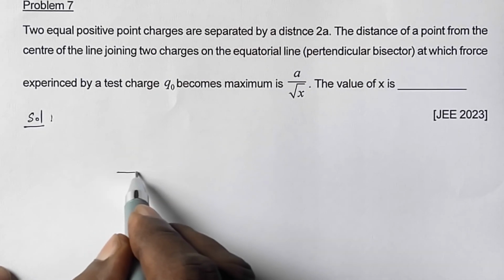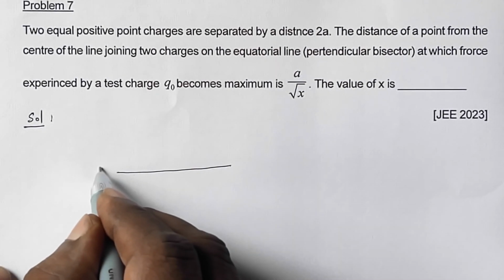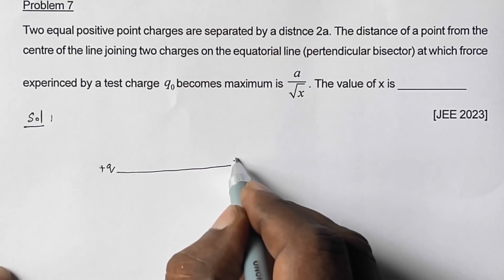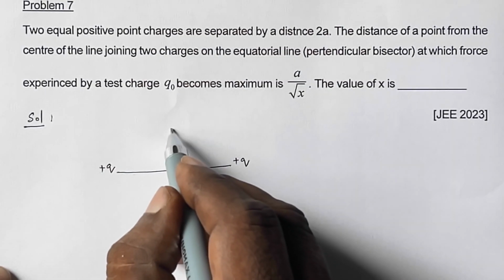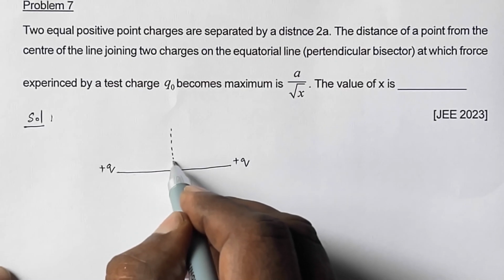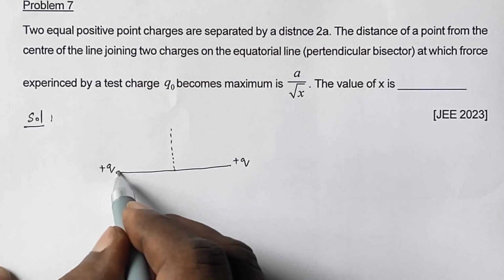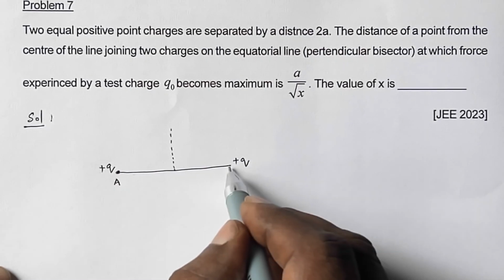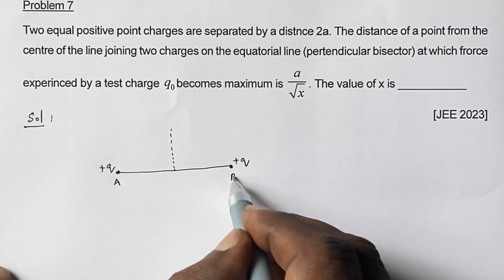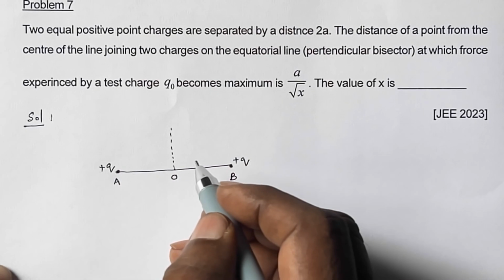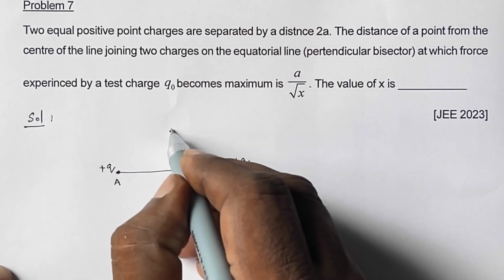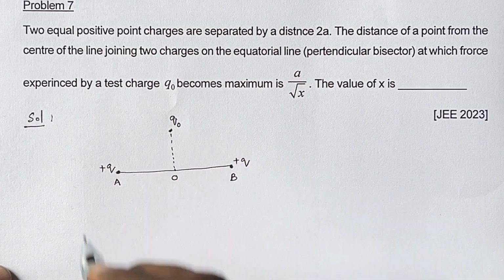There are two charges. One is plus q, another is plus q. This is the perpendicular bisector. I may say here charge is present at A, at B, and this is the center. Their charge Q0 is there at some distance. Q0 is there.